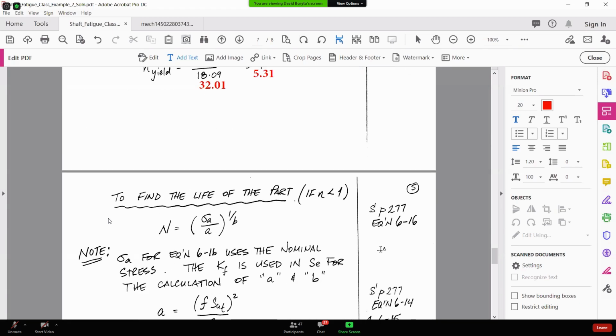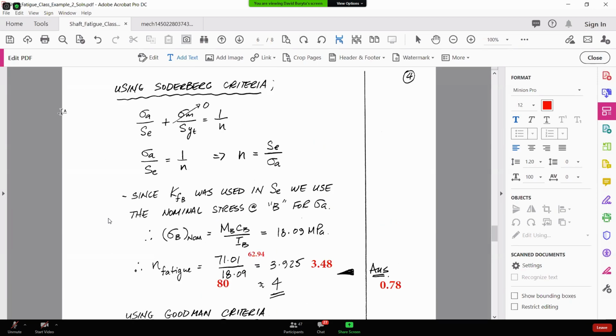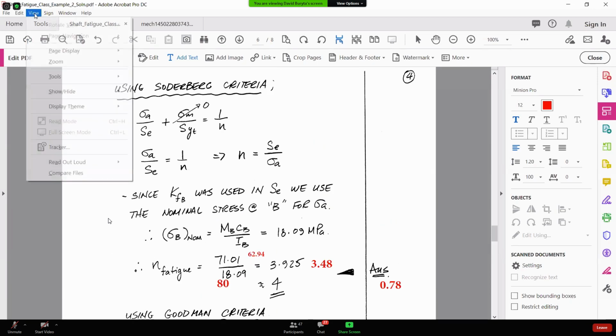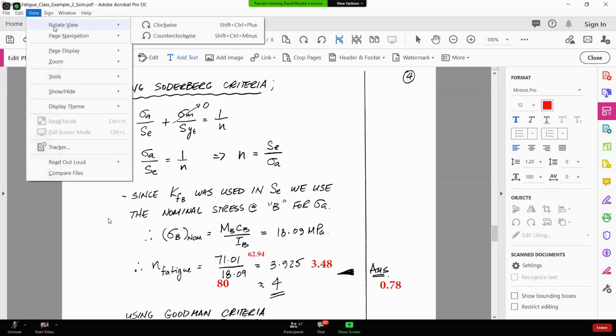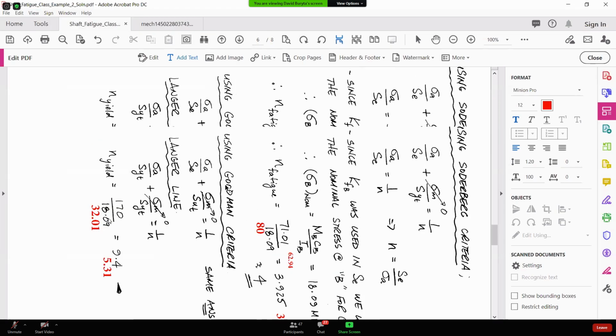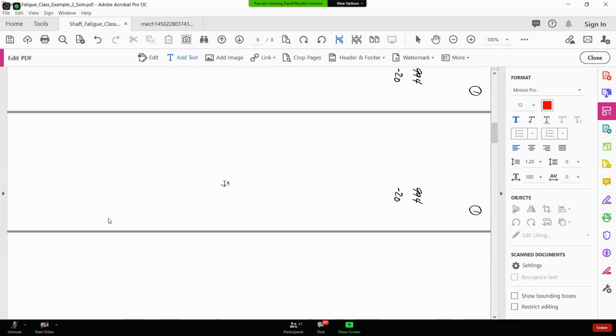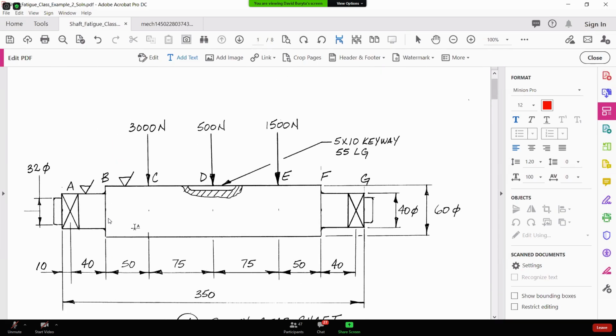Because it's a test and you have limited time, a question might say, find the factor of safety at point F, or at point B, or at point D. Because you don't have time.